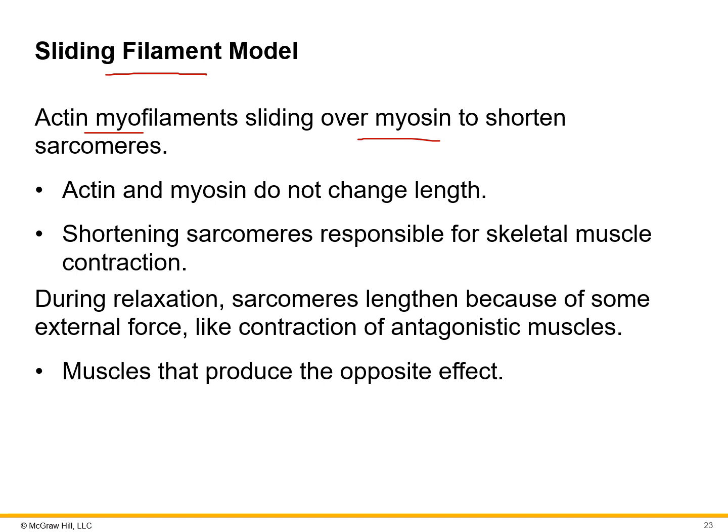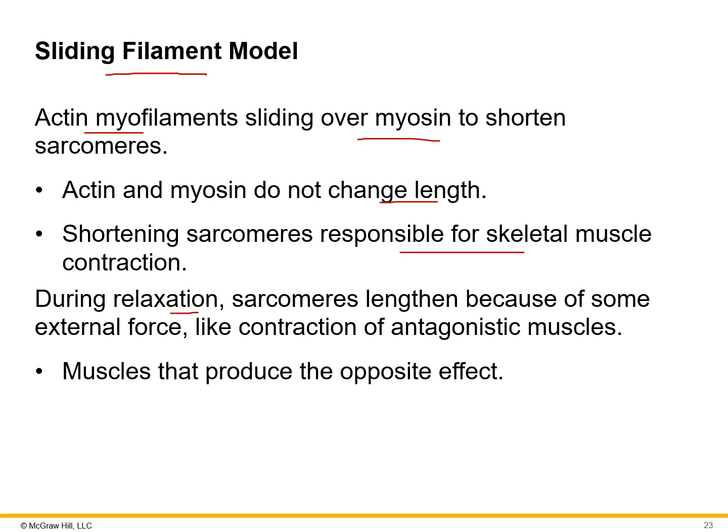Now during that, neither of those fibers change length. If you're sliding your hands across each other and your wrists are coming together, your hands didn't shorten. Your fingers aren't shorter. You're just bringing your wrists closer together. So the shortening is responsible for that contraction.